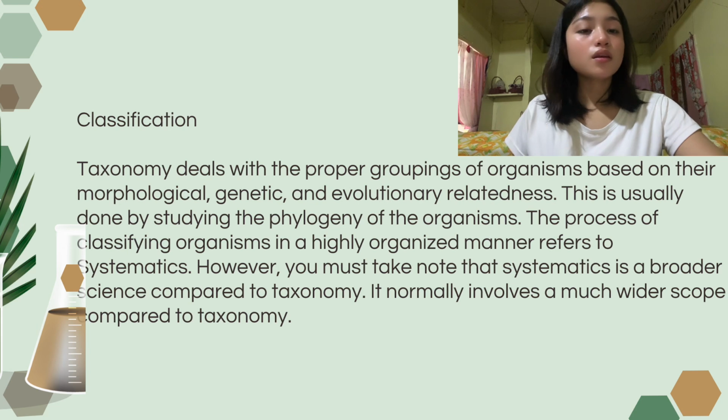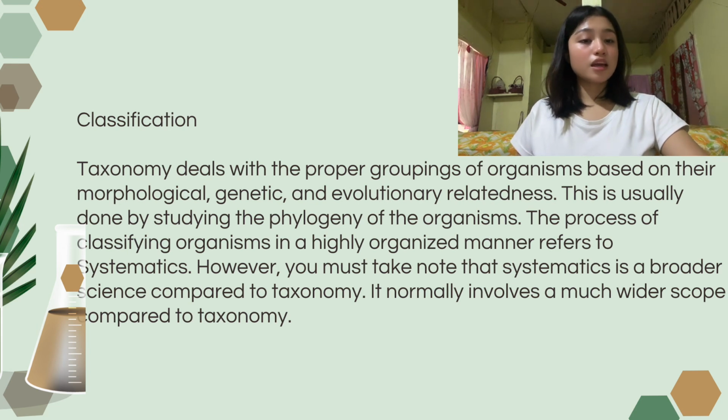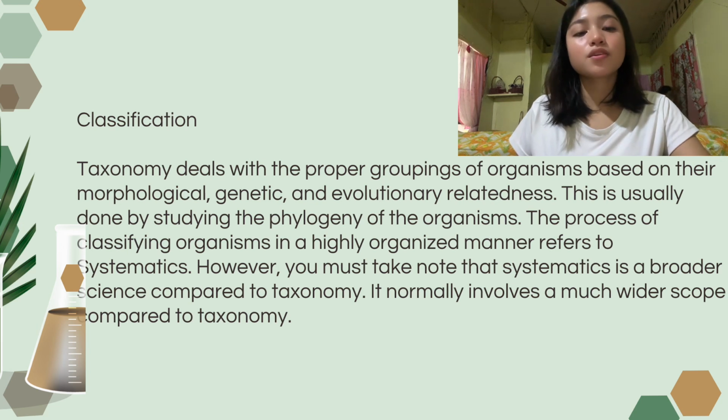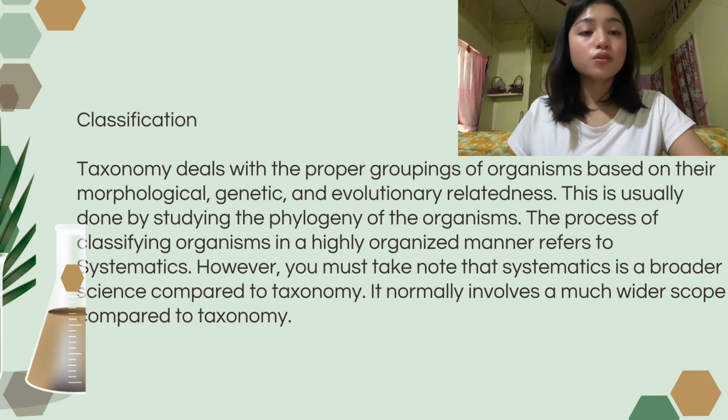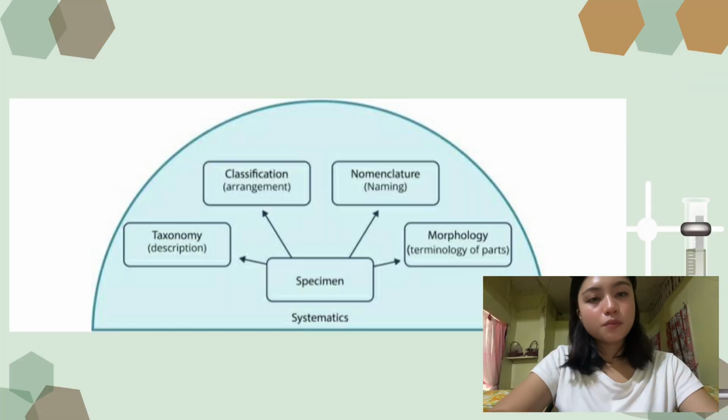So, in summary, taxonomy helps organize life into proper groups, while systematics provides a deeper understanding of how organisms are connected through evolution. In that picture, the figure shows the difference between taxonomy and systematics. While taxonomy concerns itself with naming, identification, and classification, systematics takes this a step further by attempting to determine evolutionary relationships between organisms.